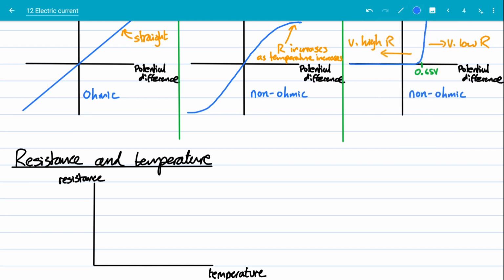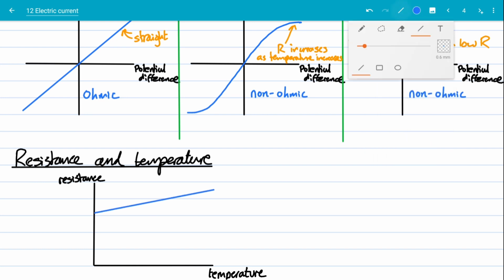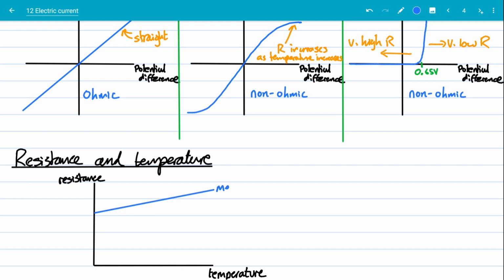Well, we get a result like this, and we've already talked about that, and that is for a metal. And why is that? Because at higher temperatures, the ions are moving more quickly, which means there are more collisions per second with those electrons that are trying to flow, which means that the electrons transfer more energy per second to the wire, which increases resistance.